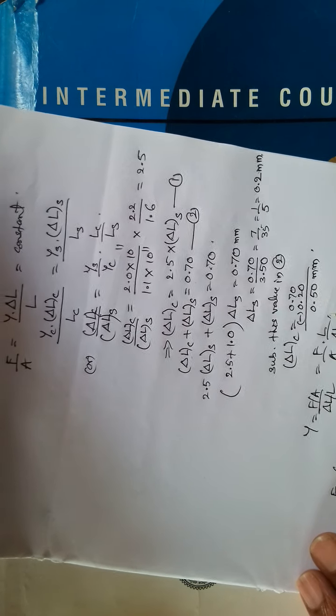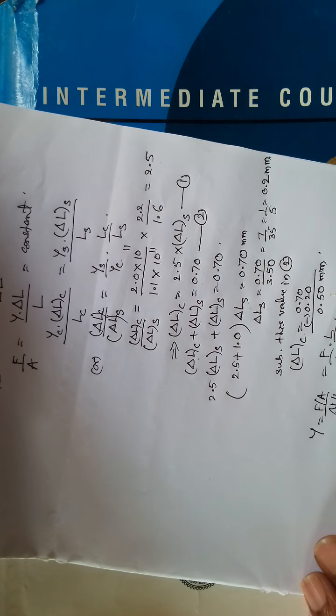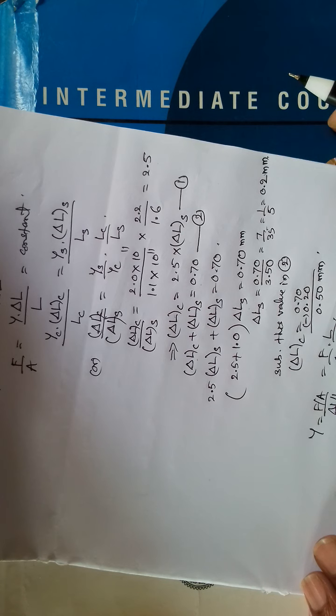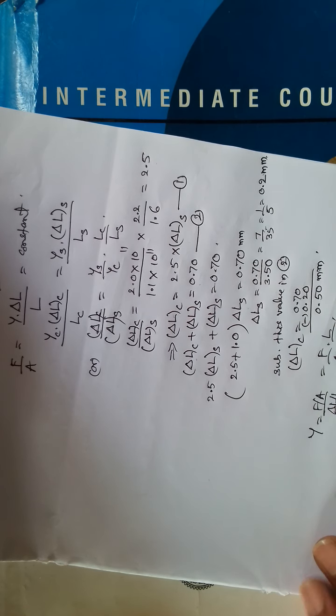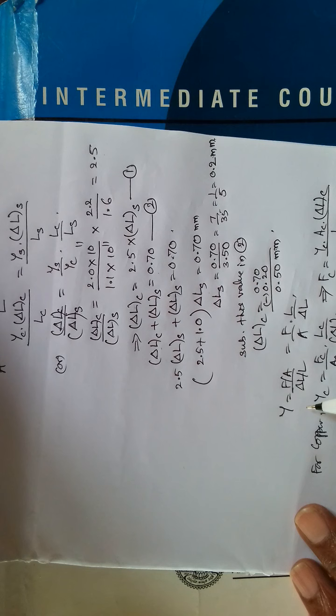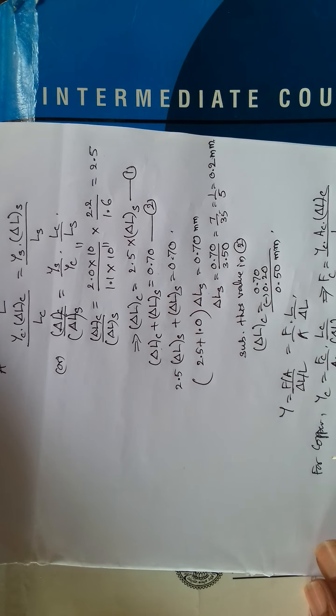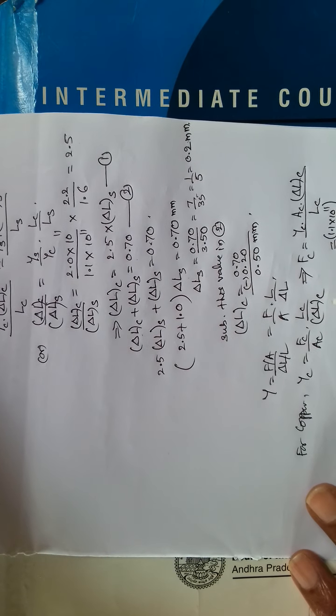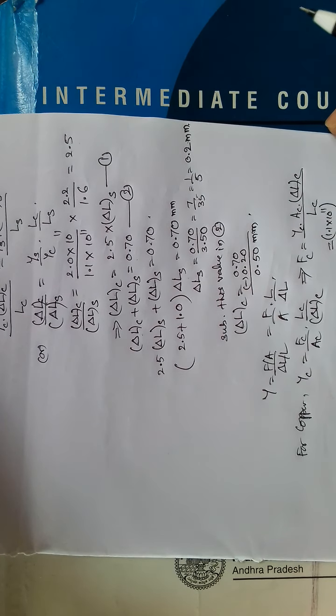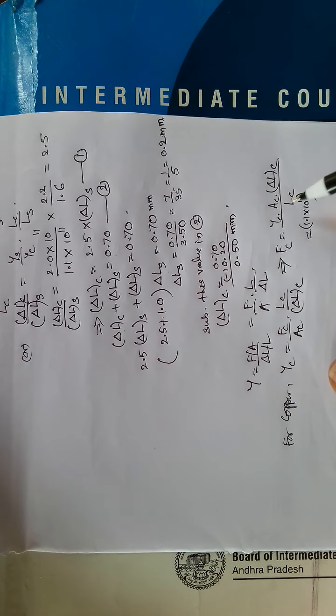Now elongations in steel wire and copper wire are ready. Actually in the problem, the load applied is asked, and the load applied is common to steel and copper. Therefore you can use the Young's modulus formula either for steel or copper. Let us use it for copper. Now since load is asked, load is made the subject, and in this let us substitute the values.